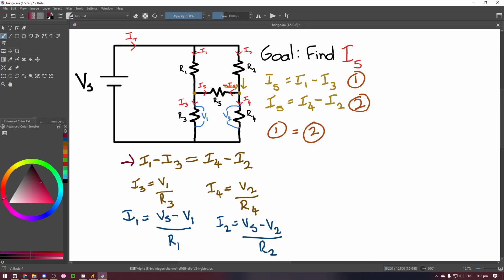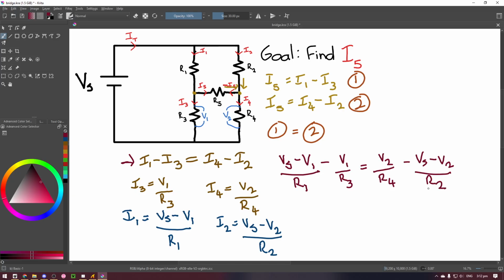We have I1, which is Vs minus V1 over R1, minus I3, which is V1 over R3, equals I4, which is V2 over R4, minus I2, which is V source minus V2 over R2. We will call this equation 3.